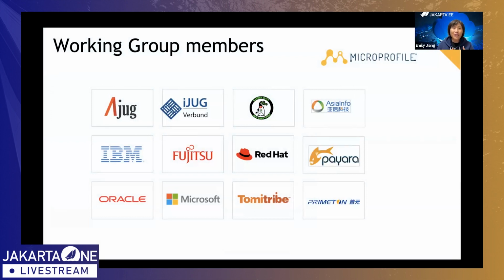It's governed by the MicroProfile working group by these 12 members: IBM, Red Hat, Oracle, Microsoft, Fujitsu, Tomitribe, and others. When we release the specifications, these members vote, casting their vote to show their support.